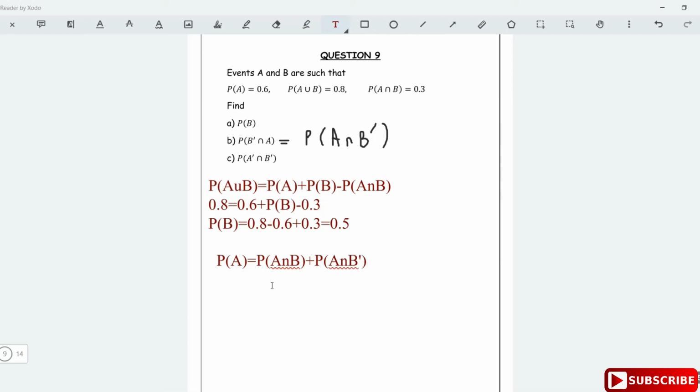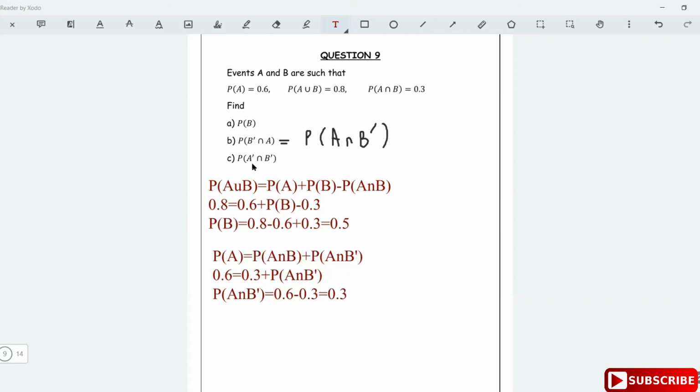Now the probability of A is 0.6, equal to the probability of A intersect B, which is 0.3, plus what we don't know, the probability of A intersect B complement. So transposing for that, the probability of A intersect B complement is equal to 0.6 minus 0.3, which is 0.3.